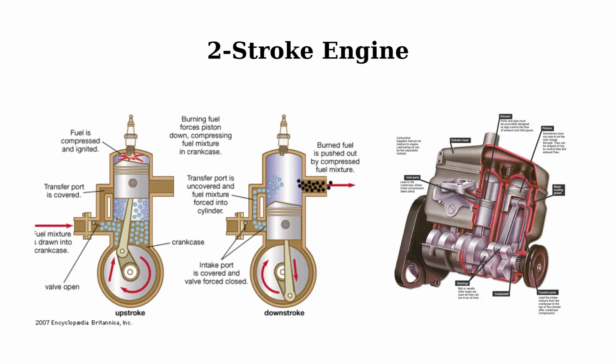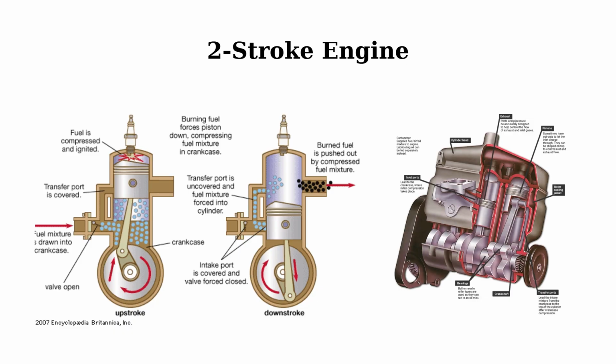Ports are openings in the cylinder wall that allow air and fuel to enter and exhaust gas to leave. These ports open and close automatically as the piston moves. This makes the system simpler because there are fewer moving parts. But in the four-stroke, we have more moving parts.